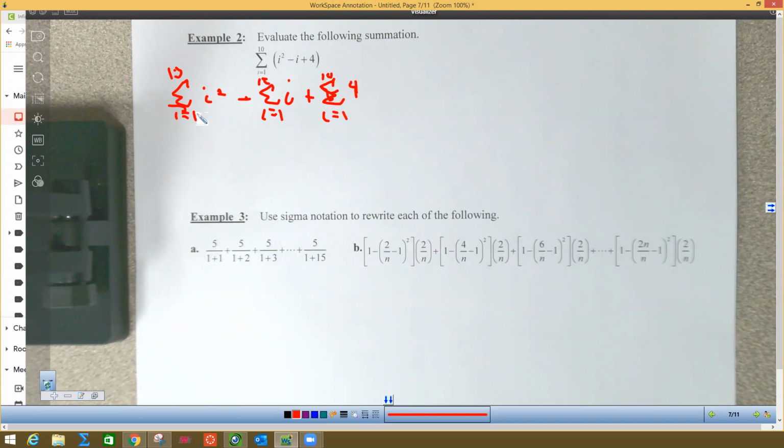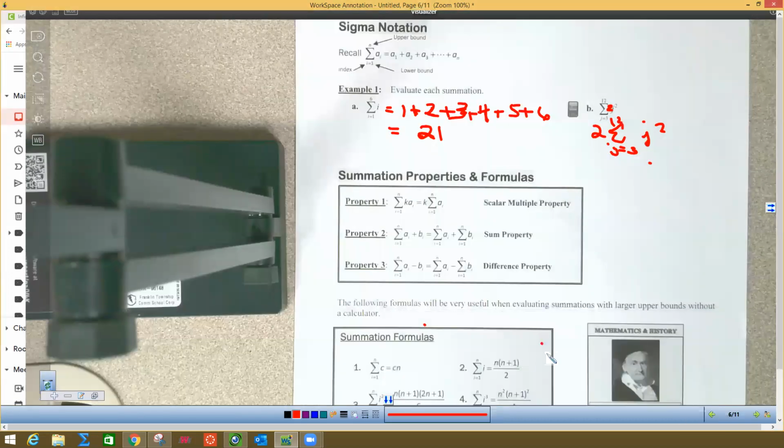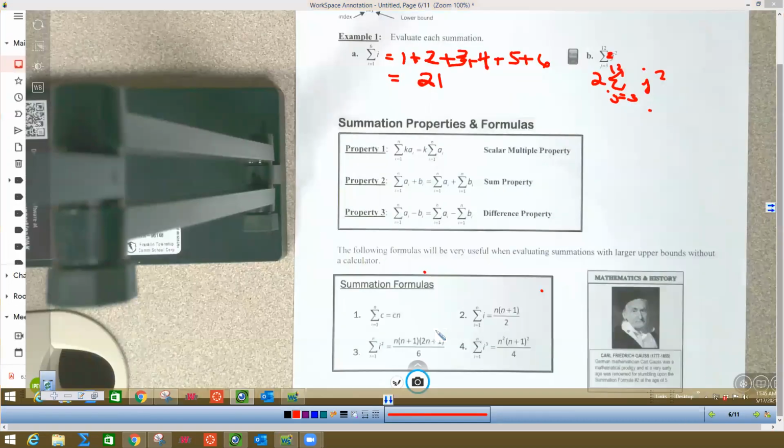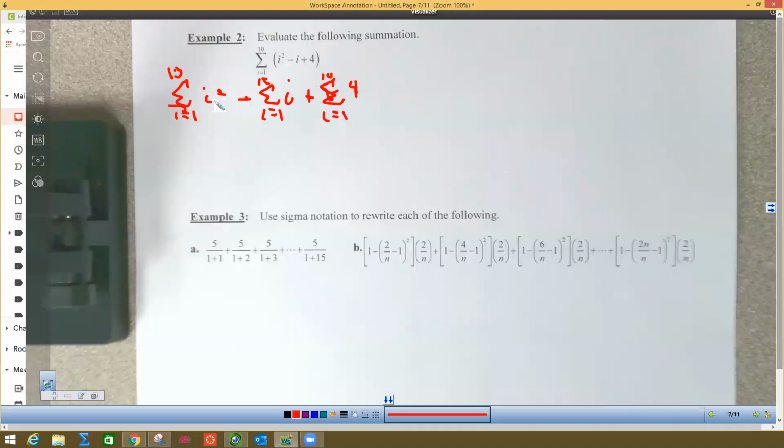Now I'm going to go back and use some of that old material that we just looked at, down here at the bottom. That first one says i squared, so I'm going to use this formula right here, n times n plus 1 times 2n plus 1 all over 6.